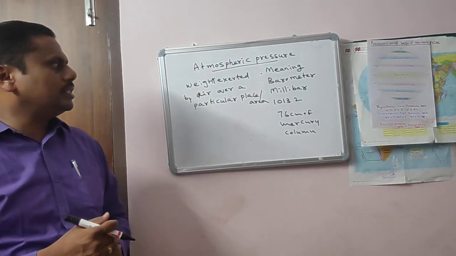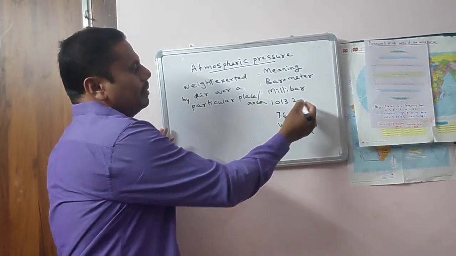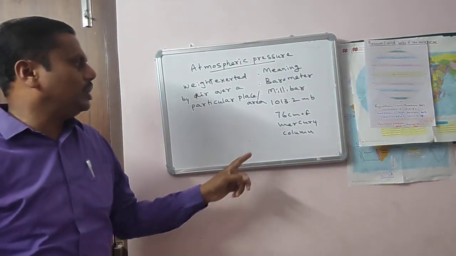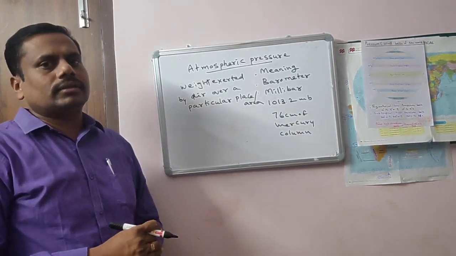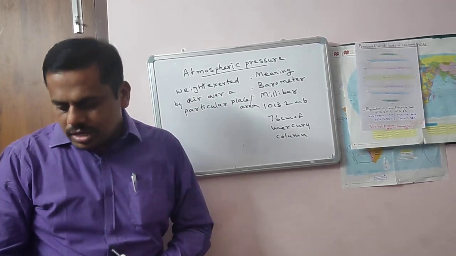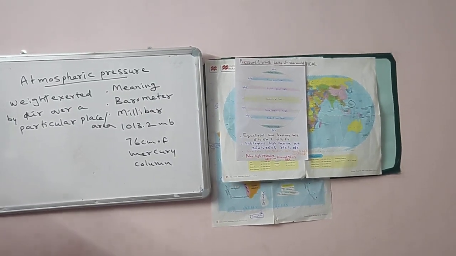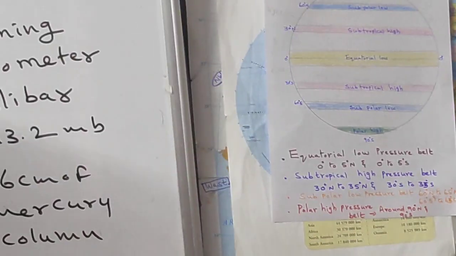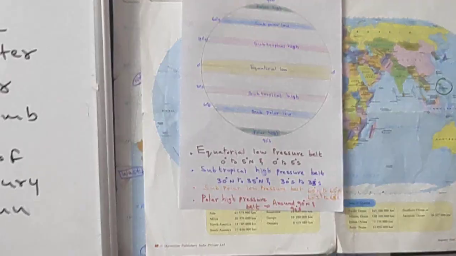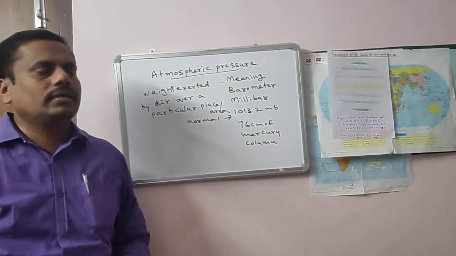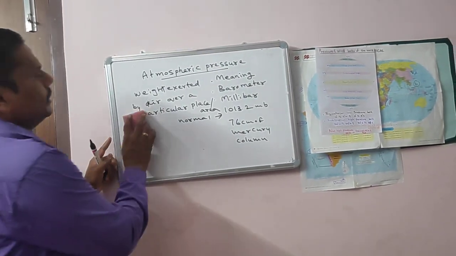The normal atmospheric pressure at sea level is 1013.2 millibars, which is equivalent to 76 centimeters of mercury column in the mercury barometer. These points you have to observe.